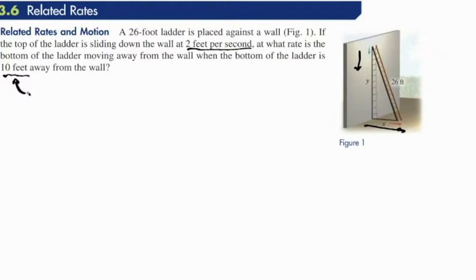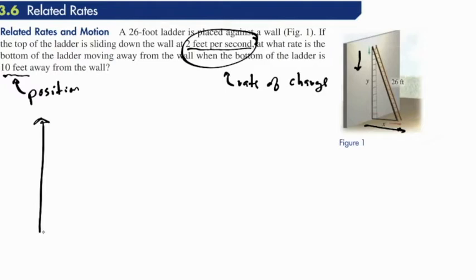So this is a position value, not a rate of change. This is a rate of change because it's relating it to time. It's always helpful to give a drawing and a coordinate plane. This is my y-axis, this is my x-axis, and the ladder is 26 feet.